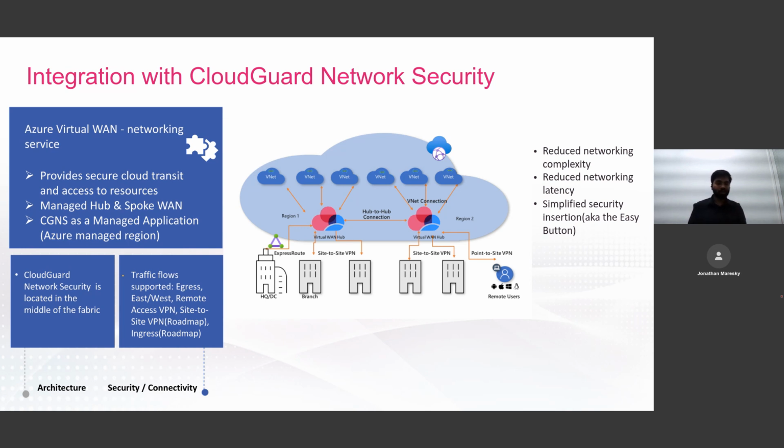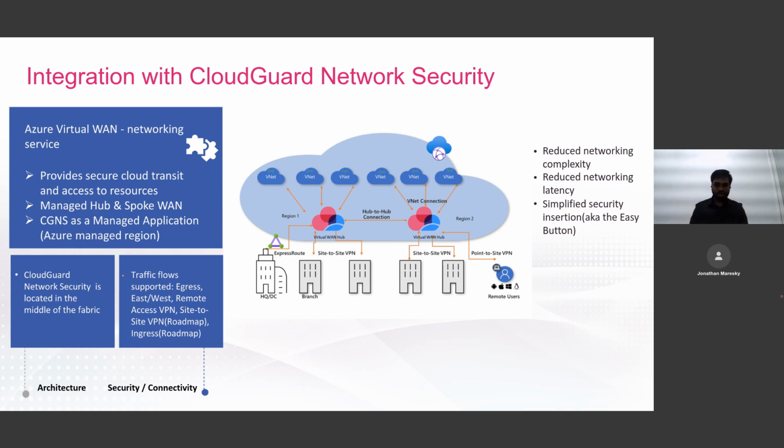Checkpoint has out of the box integration with Azure vWAN. It's a single click kind of deployment with a single button. We have an NVA, network virtual appliance, which can be placed at the center of the hub or vWAN fabric.